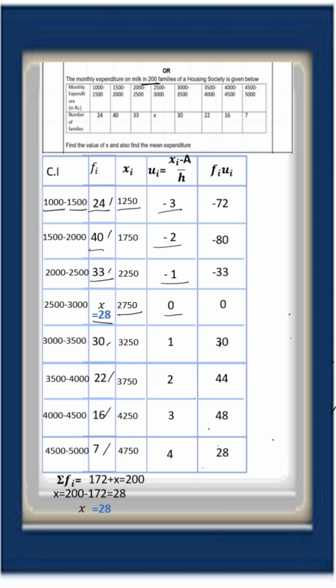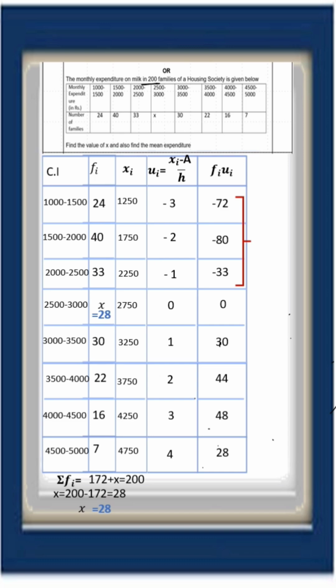Similarly, you can get 30 into 1 is 30, 22 into 2 is 44, 16 into 3 is 48, 7 into 4 is 28. We are already given summation of fi, that is 200. Now let us find the summation of fi ui. For that we have to add all the negative numbers and all the positive numbers.